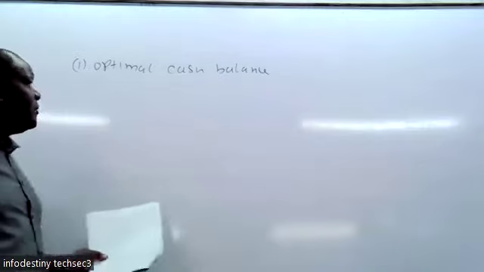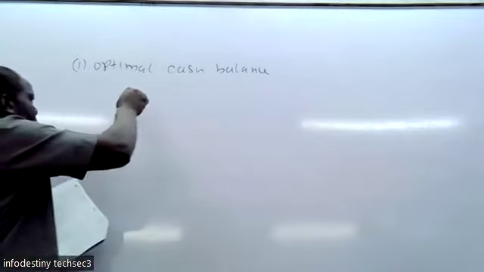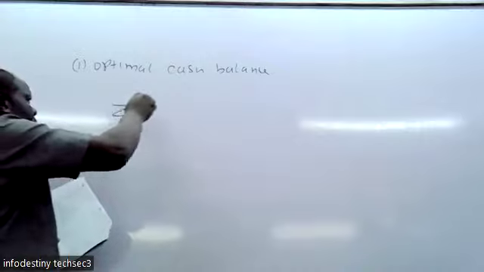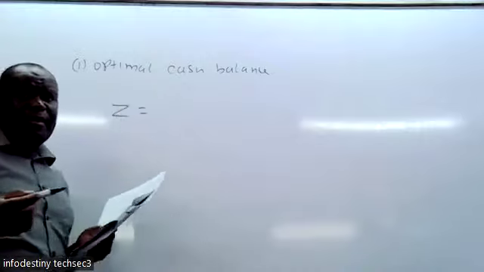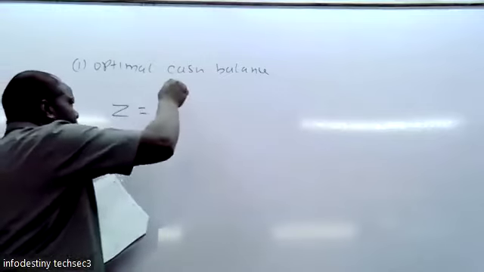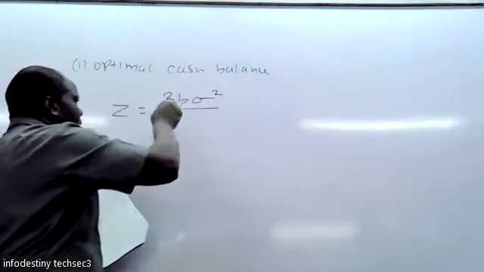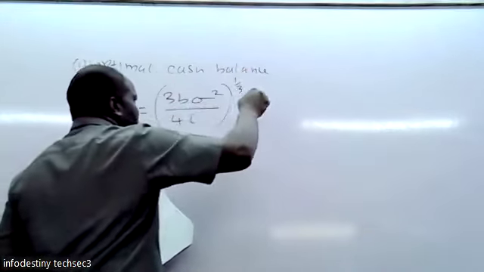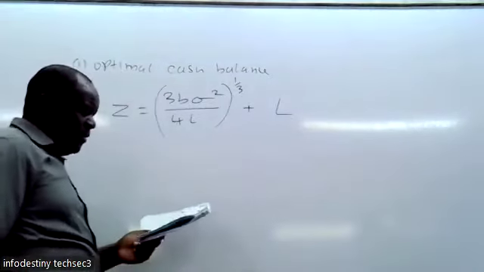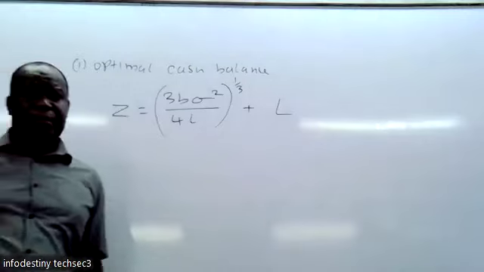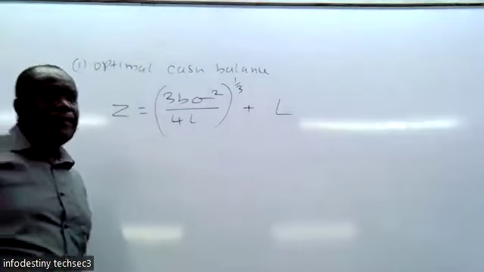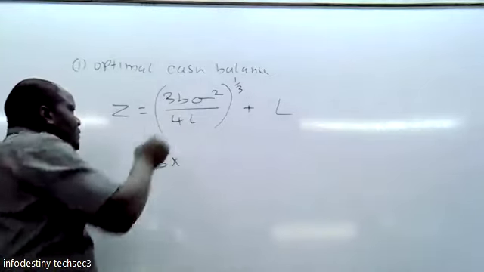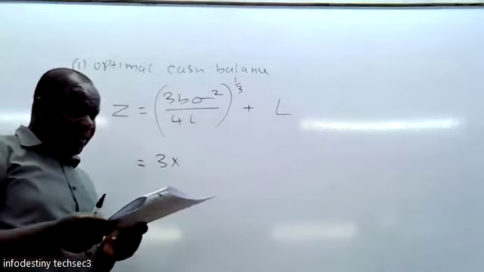To calculate the optimal cash balance, it is the same as, sorry, it is the same as Z. So Z is given by 3 over 4, and so on. This is the transaction cost per transaction.